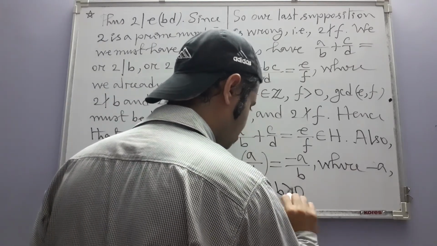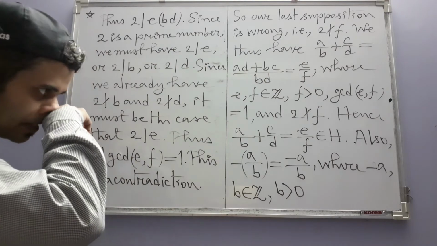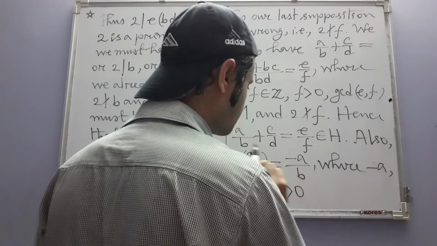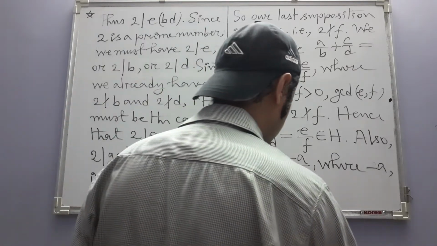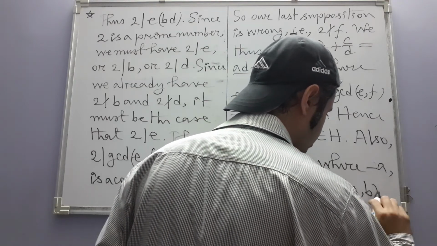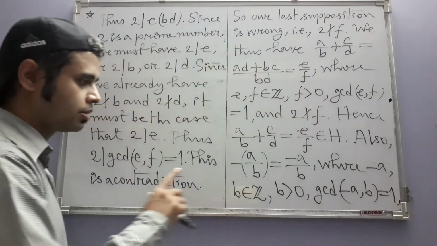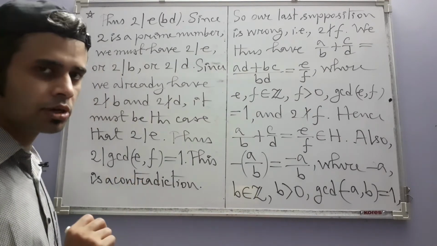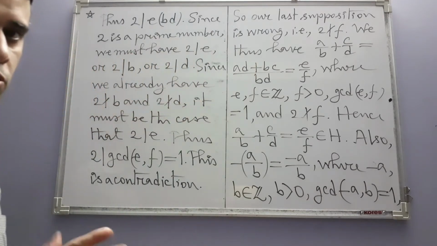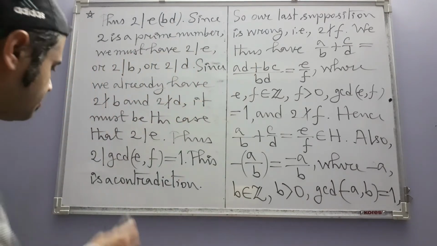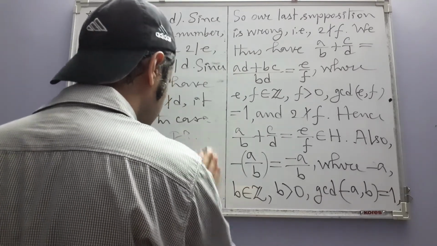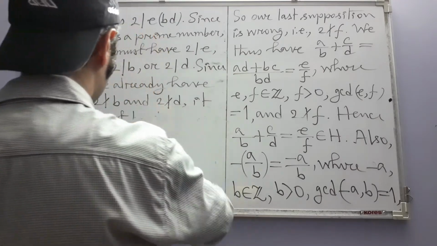B is positive, B was originally positive and it stays positive because we haven't done anything to B. We have moved this minus sign with A. GCD of minus A and B is also equal to 1 because A and B originally had their GCD equal to 1, and when we calculate GCD, signs do not matter, signs do not affect anything. That is because the greatest common divisor of two integers when it exists is by definition a positive integer.